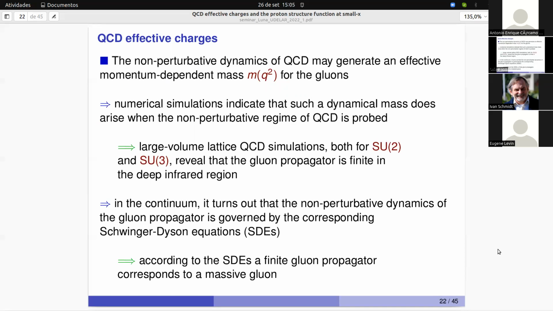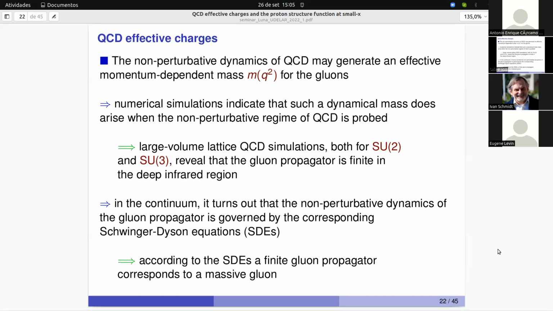It's just a momentum-dependent mass that appears naturally in the studies of QCD, lattice QCD, or in the studies of Schwinger-Dyson. Because Schwinger-Dyson equations are non-perturbative, it is also a non-perturbative tool to study QCD in the non-perturbative region.